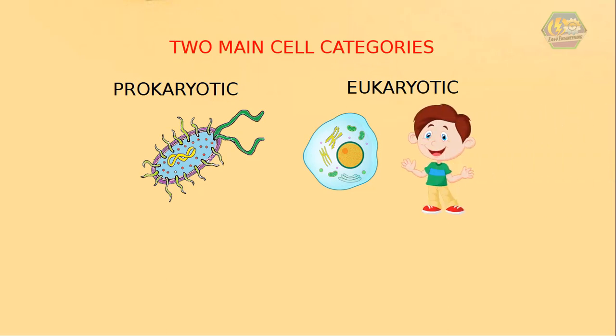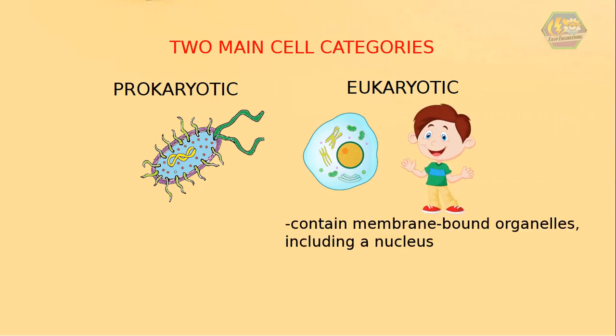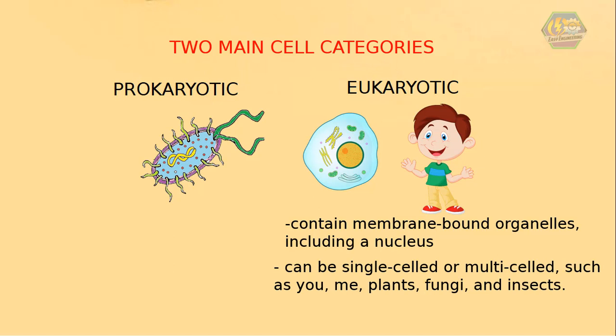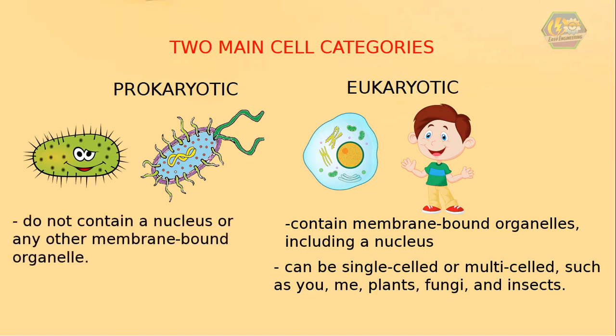Your cells are eukaryotic. Eukaryotic cells contain membrane-bound organelles, including a nucleus. Eukaryotes can be single-celled or multi-celled, such as you, me, plants, fungi, and insects. Bacteria are an example of prokaryotes. Prokaryotic cells do not contain a nucleus or any other membrane-bound organelle.